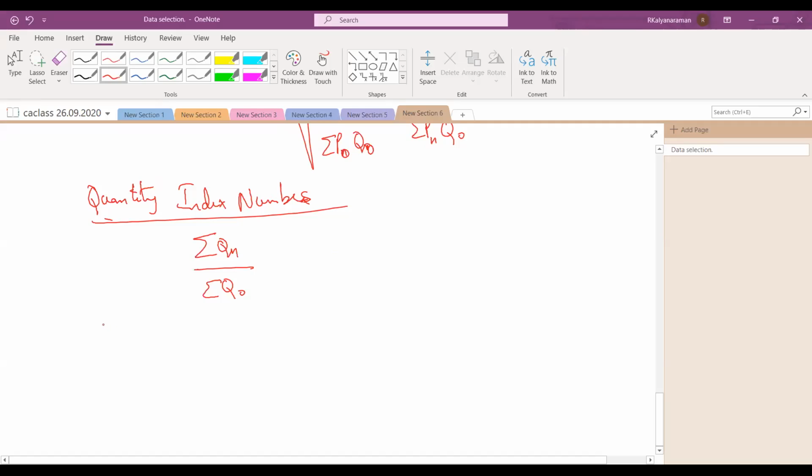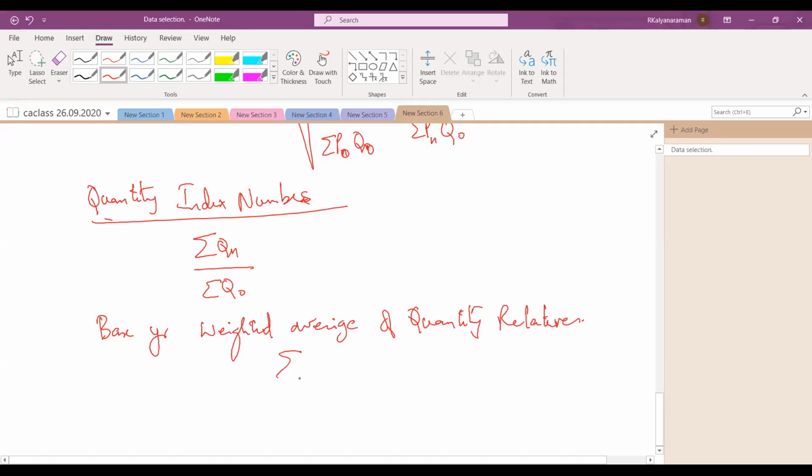Then you have a base year weighted average. The weighted average of quantity relatives. Big word, big phrase. The base year weighted average of quantity relatives.